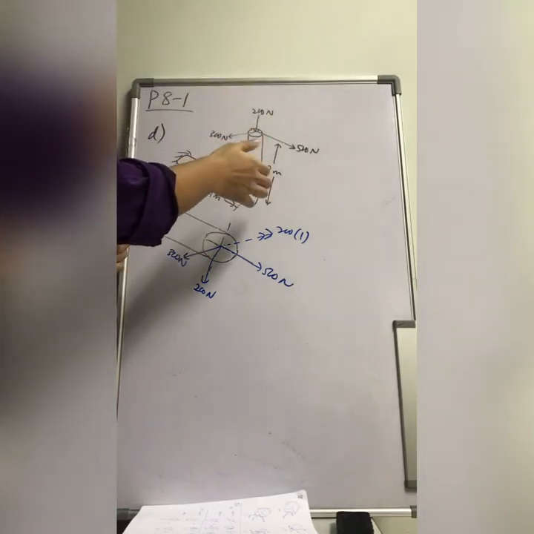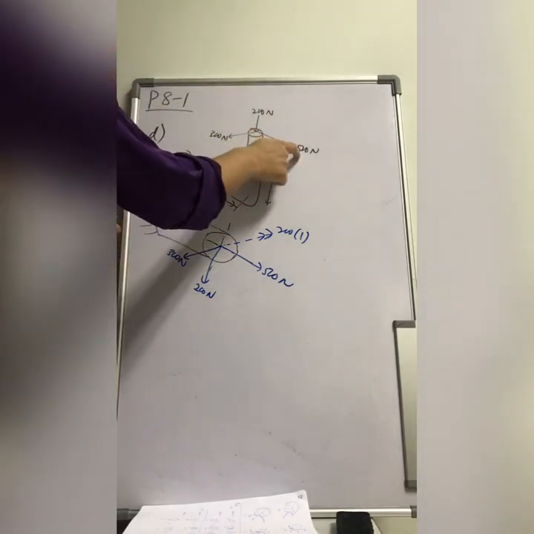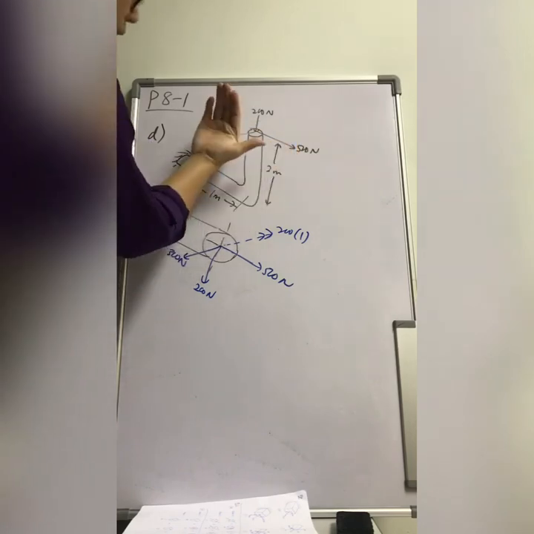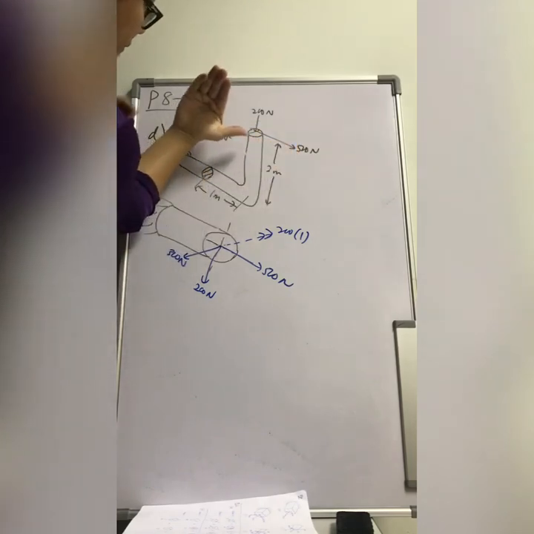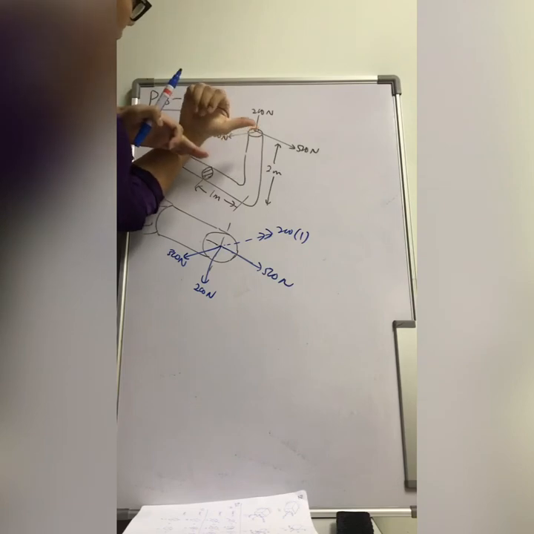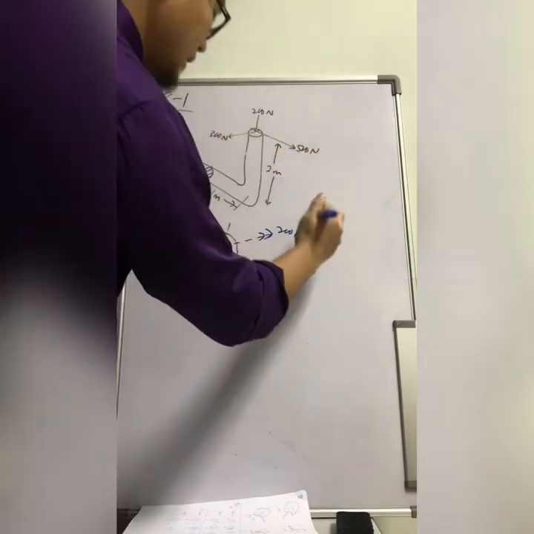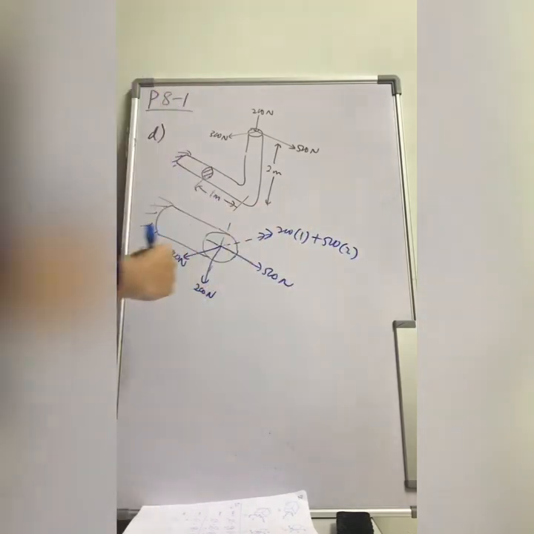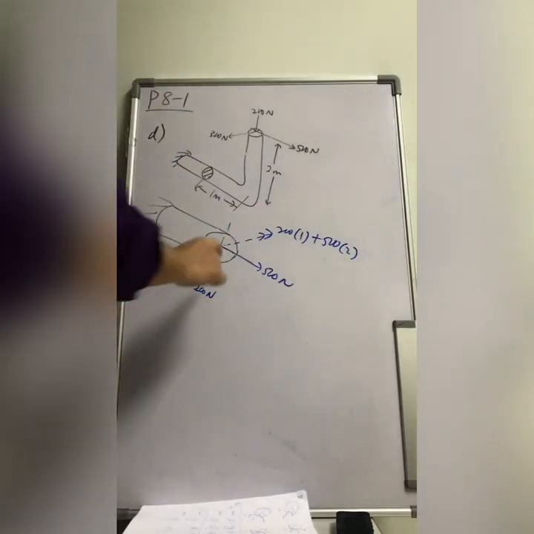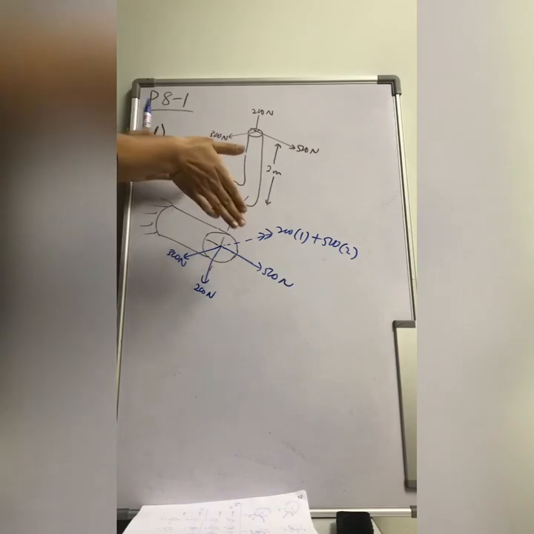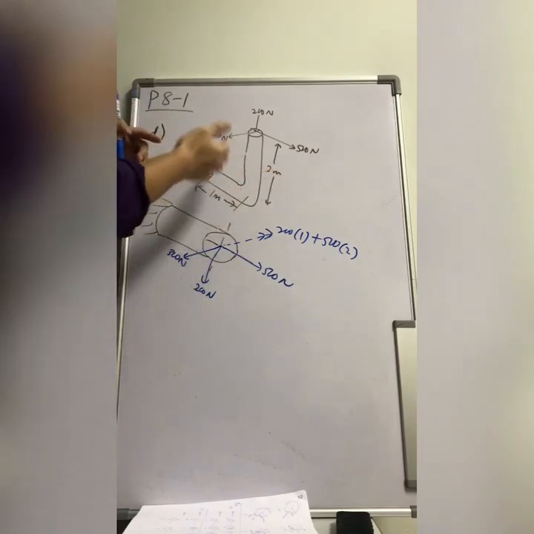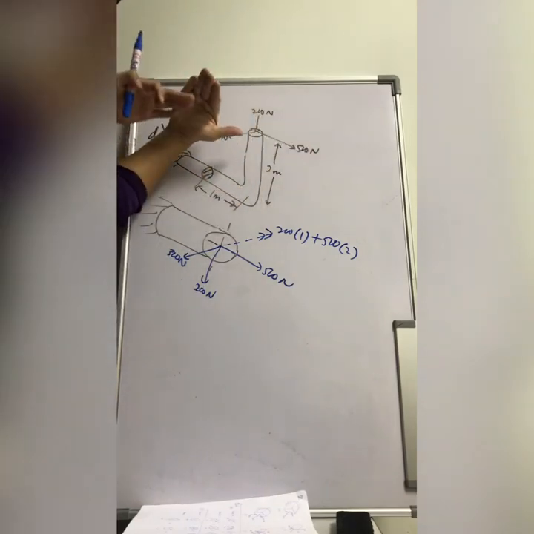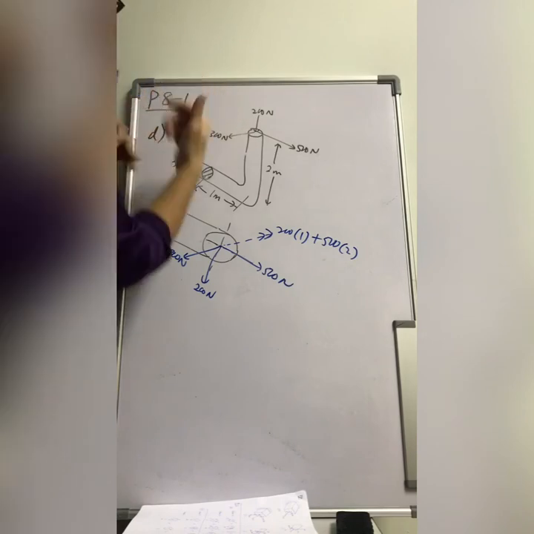What else? Do you realize that actually for this 500 Newton, you have the same thing? Okay, 500 Newton times 2 goes that way. So you have another one here, which is 500 Newton times 2. Is it okay? Same direction. 200 Newton times 1, okay, this direction. 500 Newton times 2, which is the same direction.